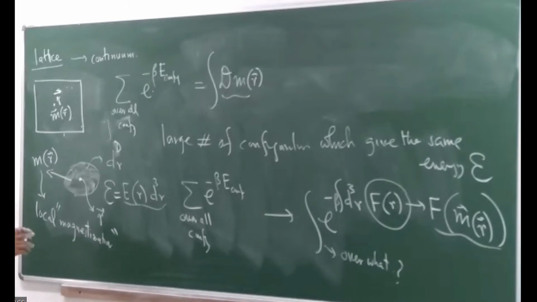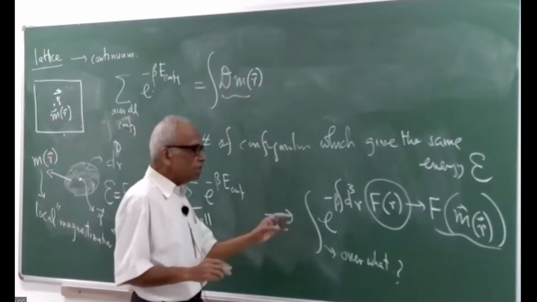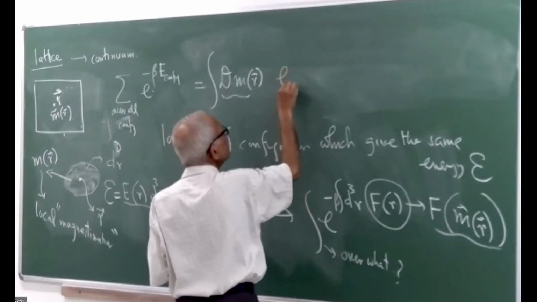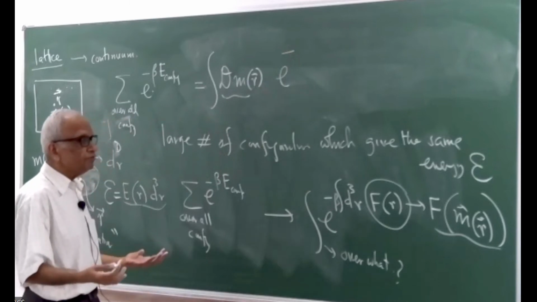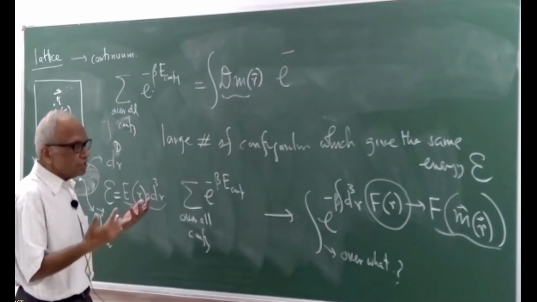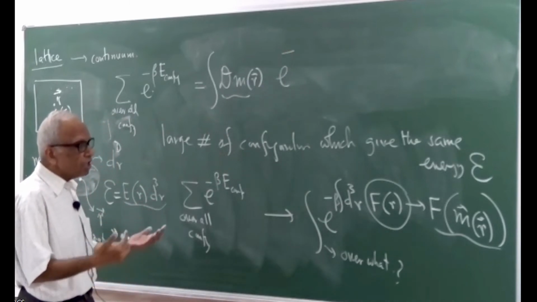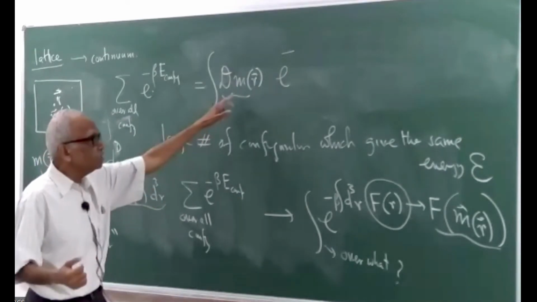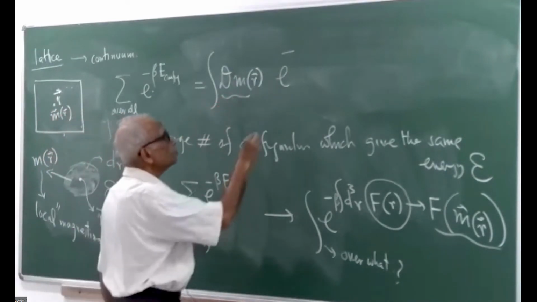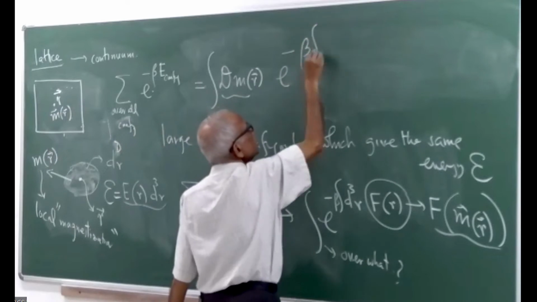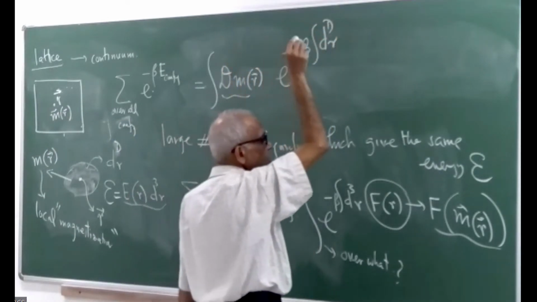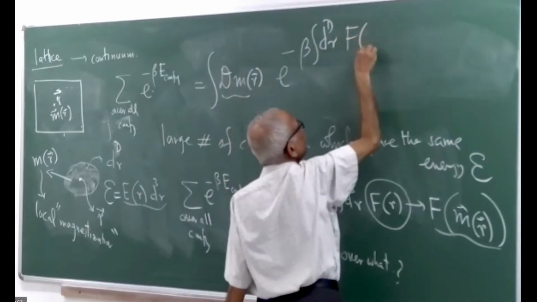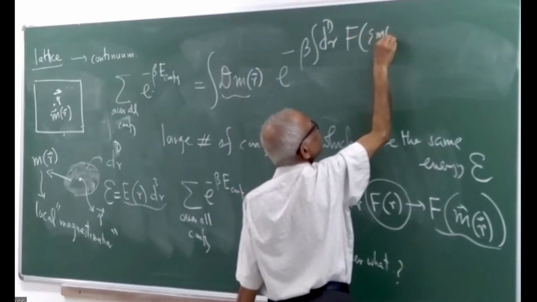And what is in the numerator over here? In the numerator sits a free energy, which is the total free energy for a given m of r. This total free energy is integrated over all space of dimension d, f of this m of r.